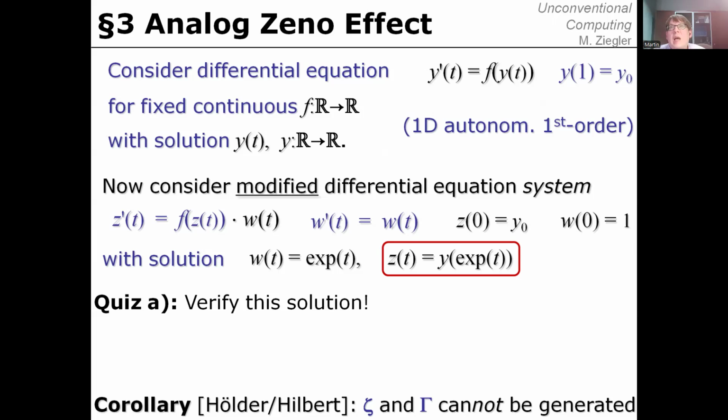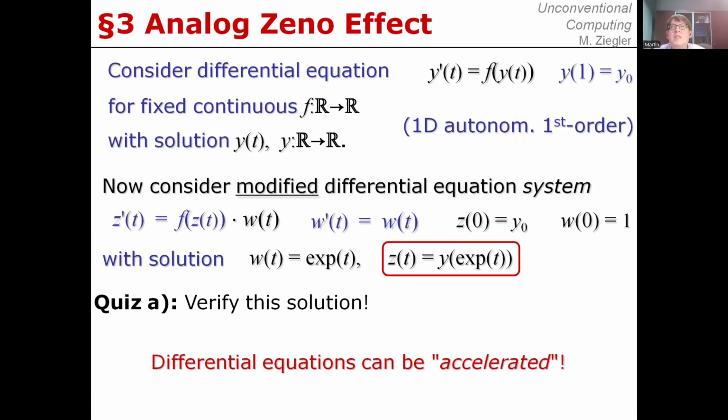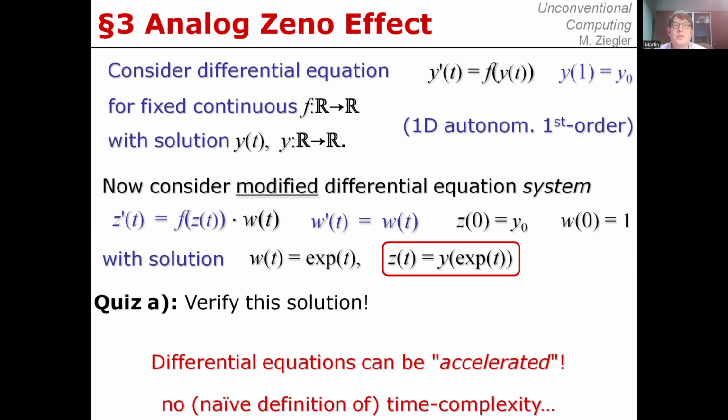So your task, your homework, is to verify that this is indeed a solution. And your task is also, that's a message: differential equations can be accelerated, which has some consequences, which, for example, is that we cannot really define or consider time complexity for analog computers because it can always be accelerated.